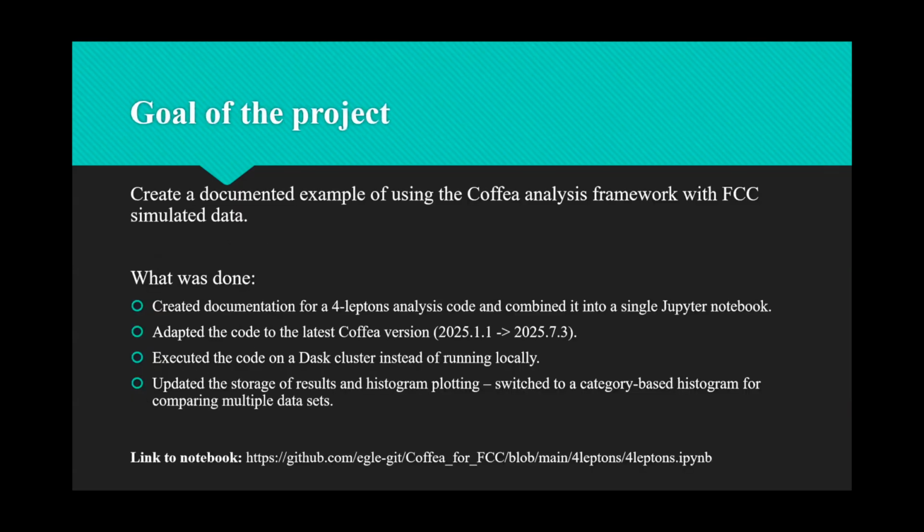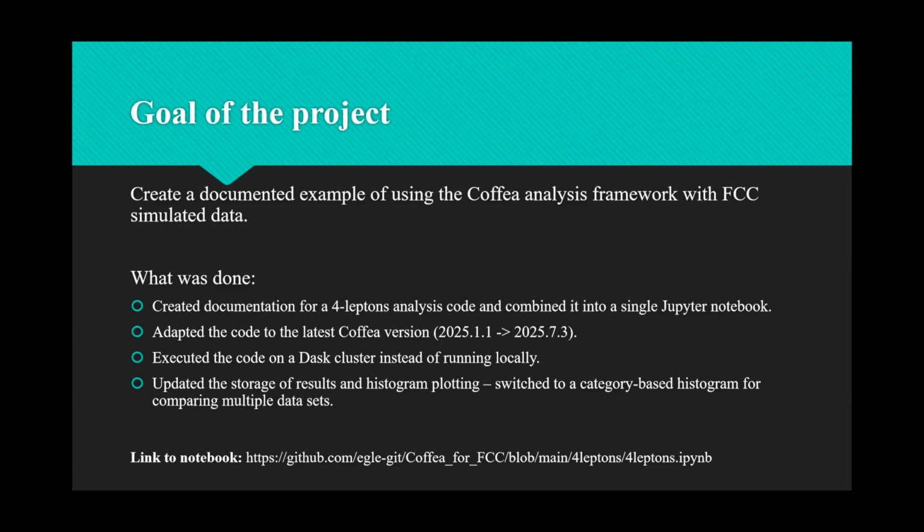The goal of my project was to create a documented example of using the Coffea analysis framework with FCC electron-positron mode simulated data. To do that, I created documentation for the data analysis code and combined it into a single Jupyter notebook, and the analysis is of 4 leptons.